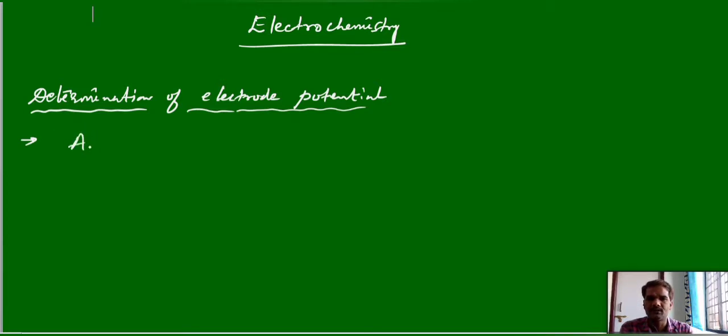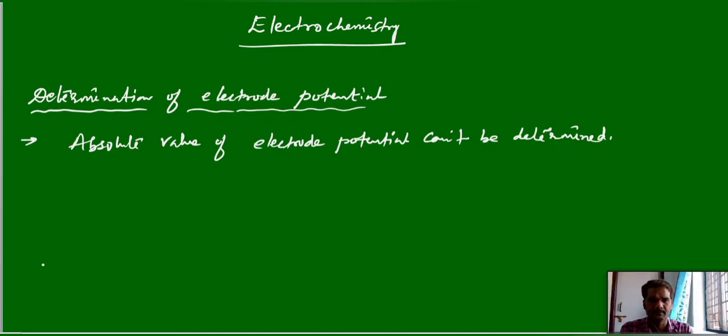So here, the absolute value of electrode potential cannot be determined. We will use some reference electrode to identify the electrode potential. Here the reference electrode is the hydrogen electrode.